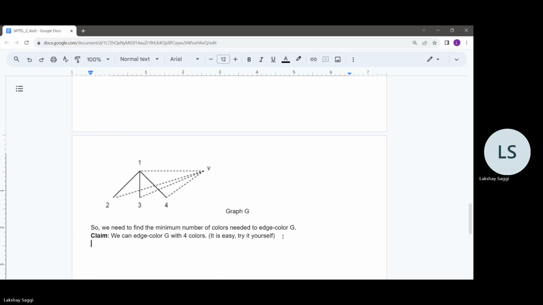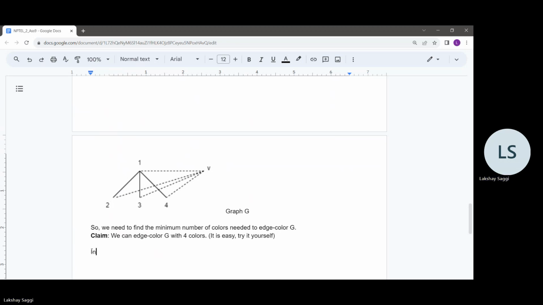You should try to edge color G using 4 colors, and you will be able to obtain one such coloring. But we also need to find a proof that this is the minimum possible.